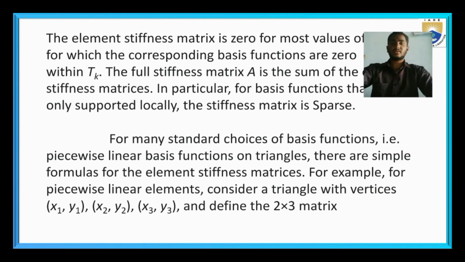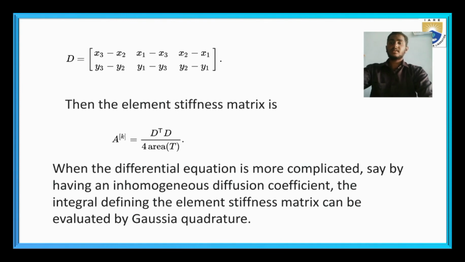For many standard choices of basis functions, that is piecewise linear basis functions on triangles, there are simple formulas for the element stiffness matrices. For example, for piecewise linear elements, consider a triangle with vertices (x1, y1), (x2, y2), (x3, y3) and define the 2 by 3 matrix D, whose first row is x3 minus x2, x1 minus x3, x2 minus x1, and second row is y3 minus y2, y1 minus y3, y2 minus y1.